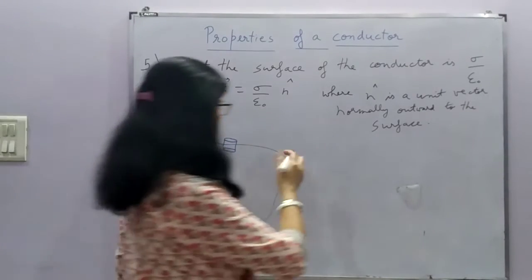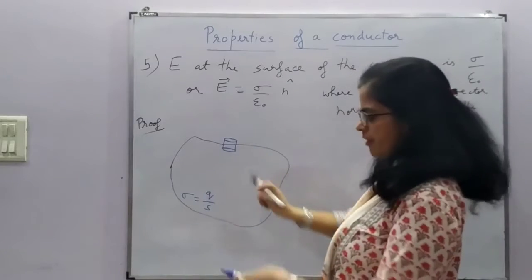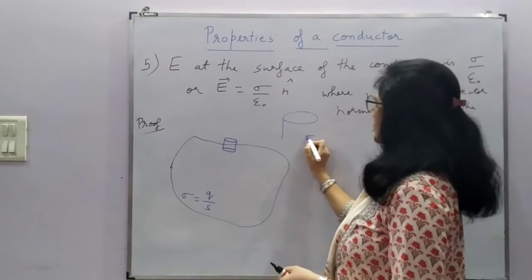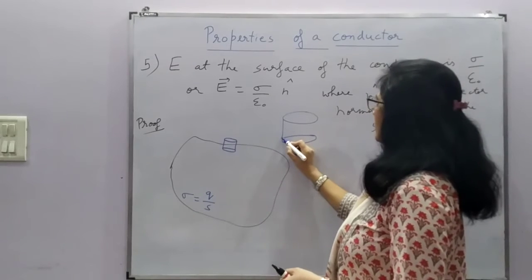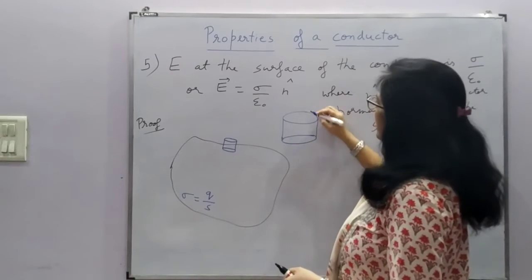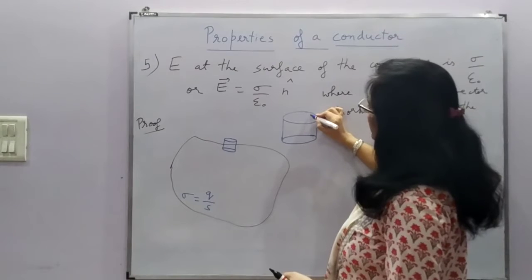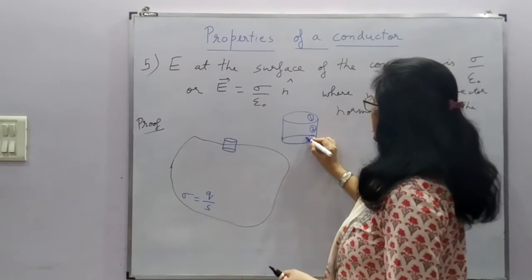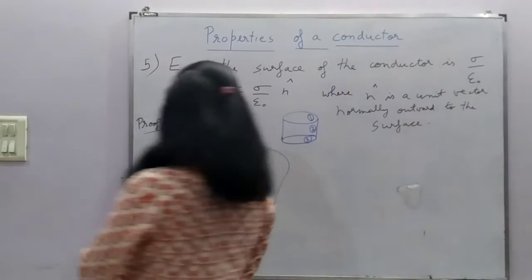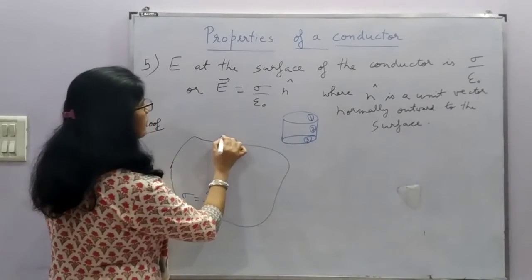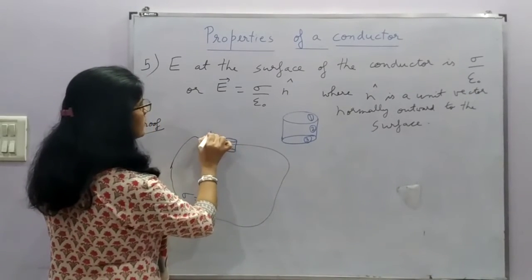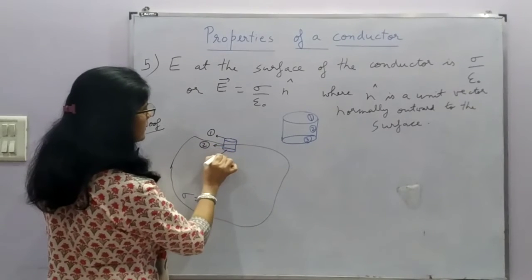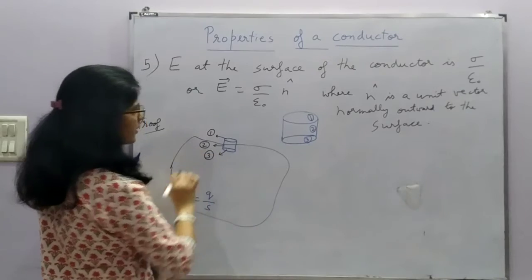So I can show you an enlarged form of this cylindrical pellet. This is suppose the enlarged form. This is the first surface area, this is the second surface area, and this is the third surface area. So I am marking here also, this is the first surface area, this is the second, and this is the third surface area, right?